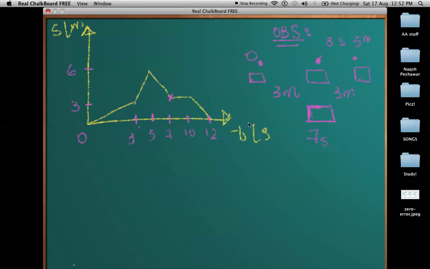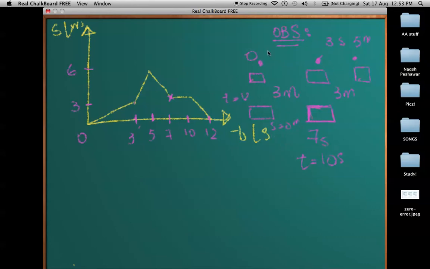Then till t equals 10 seconds, the distance remains 3. This means it hasn't moved. It is stationary here. And from t equals 10 to t equals 12, it comes back to its origin position at s equals 0 meters.